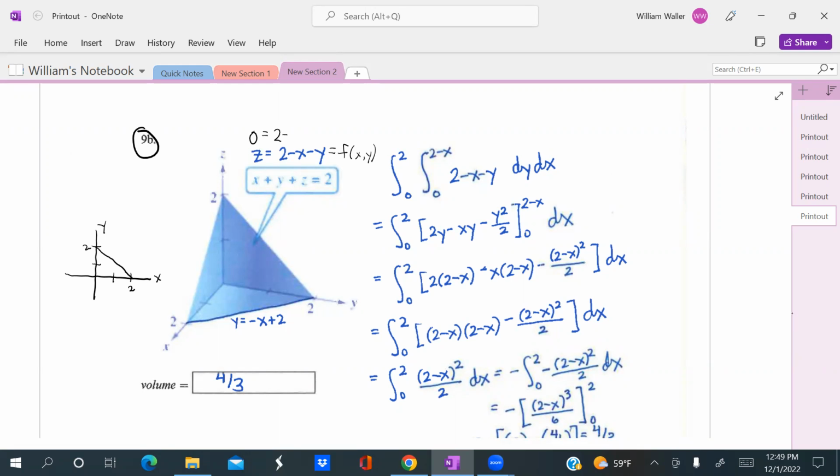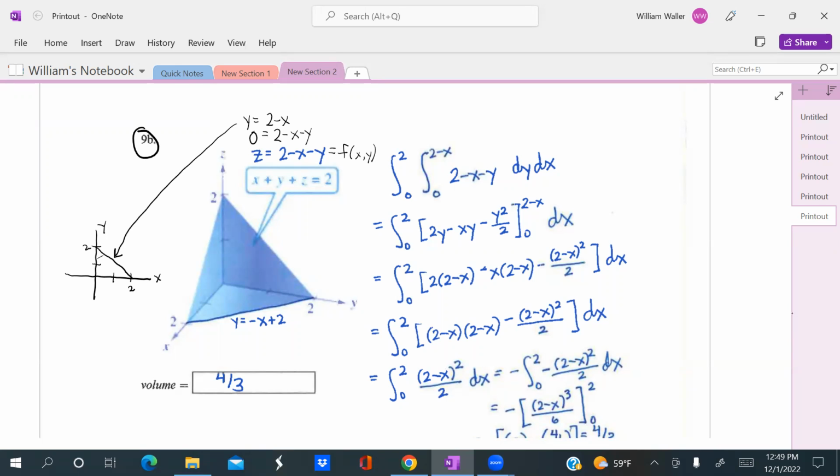So you get 0 is 2 minus x minus y, and when you solve that for y, you get y is minus x plus 2, or you can also write that as 2 minus x. So this is the line y equals 2 minus x.